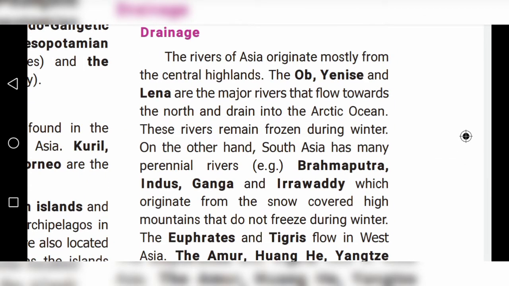The rivers of Asia originate mostly from the central highlands. The Ob, Yenisei and Lena are the major rivers that flow towards the north and drain into the Arctic Ocean. South Asia has many perennial rivers. Already I told you, perennial rivers means the water flows throughout the year. The Brahmaputra, Indus, Ganga and Irrawaddy originate from snow-covered high mountains and do not freeze during winter.